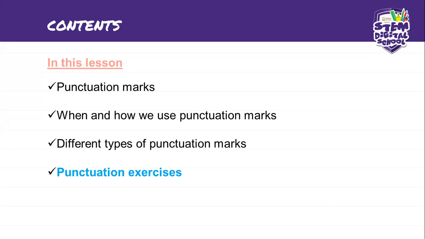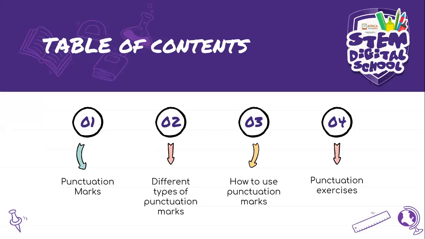So what we are going to do is see the different punctuation marks. You've been doing this for a few years now, I believe, so it's basically going to be a recap of punctuation marks you already know, and when and where to use them. First, we are going to see the different punctuation marks and when to use them, and then we're going to do a punctuation exercise.